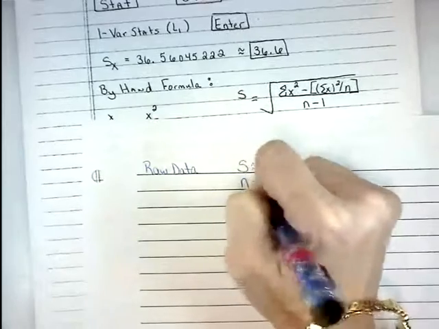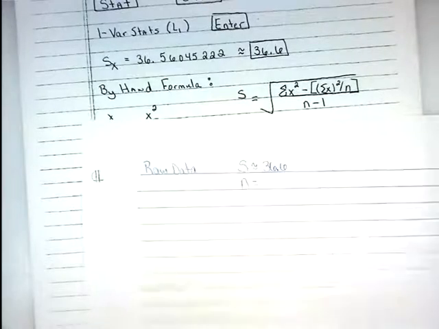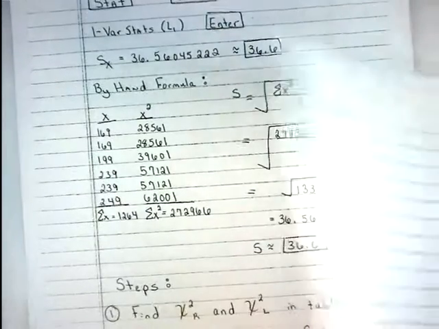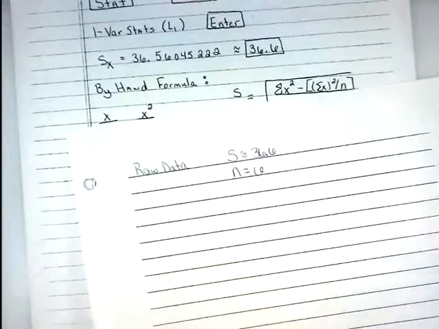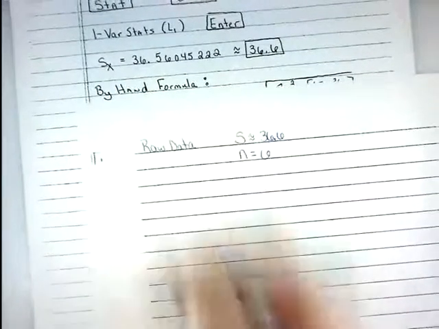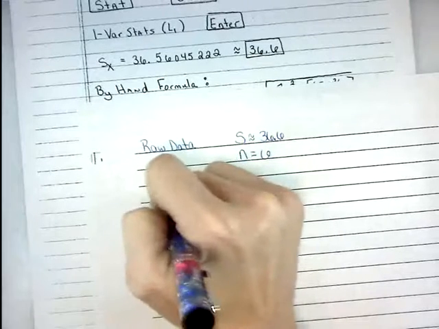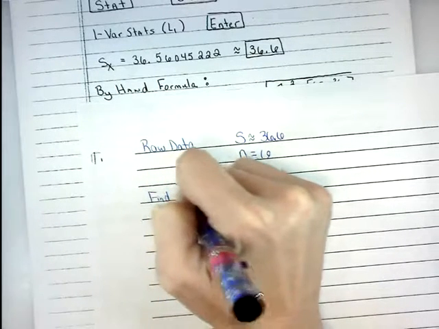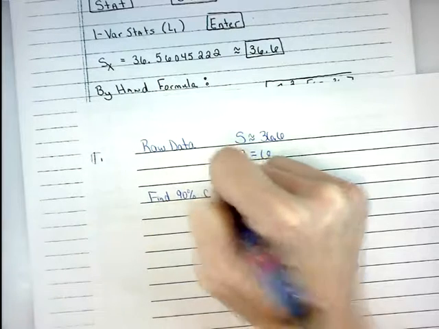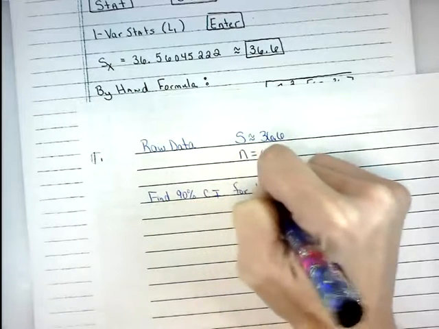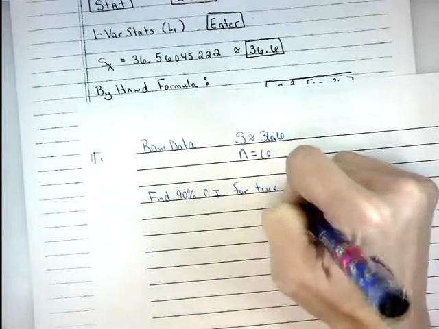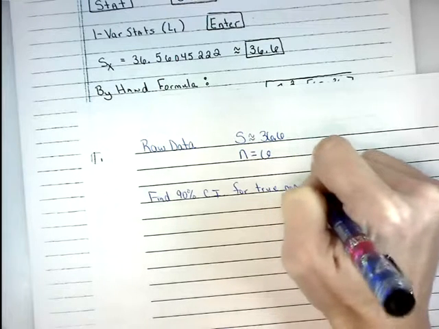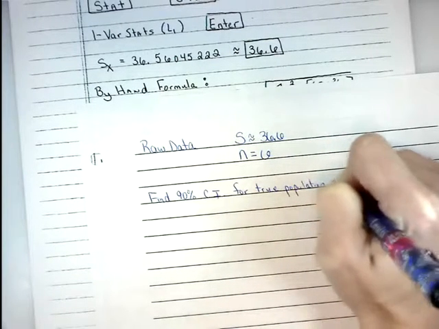The sample size for this raw data happens to be 6 values. And we want to find the 90% confidence interval for true population standard deviation.